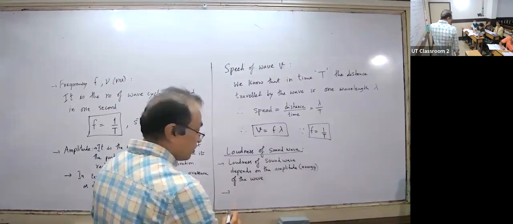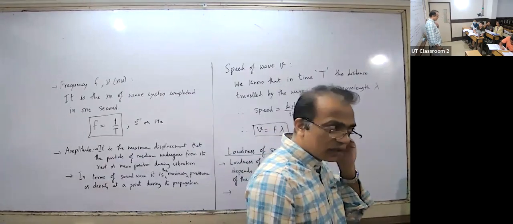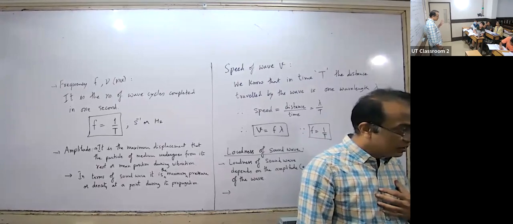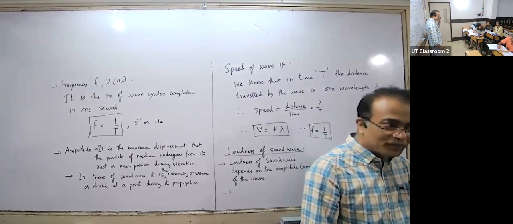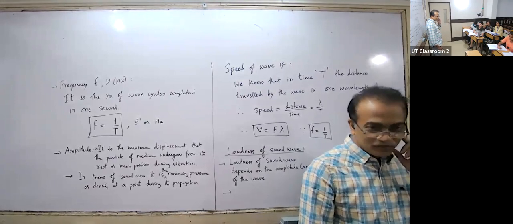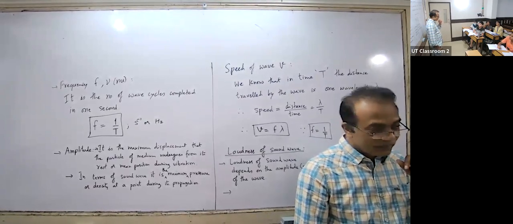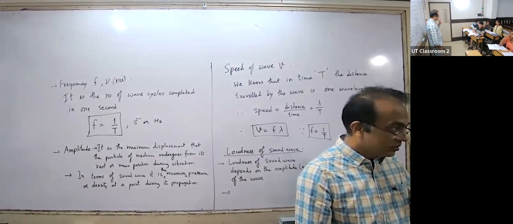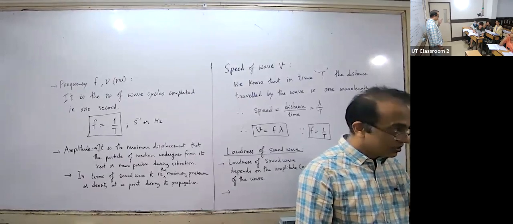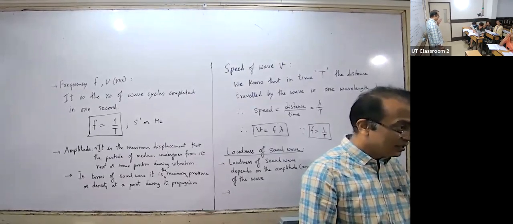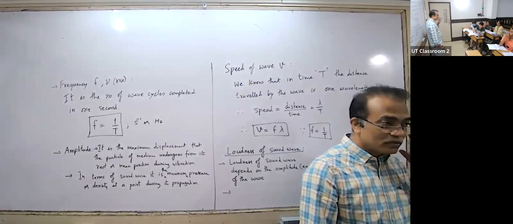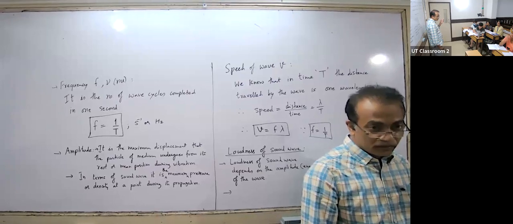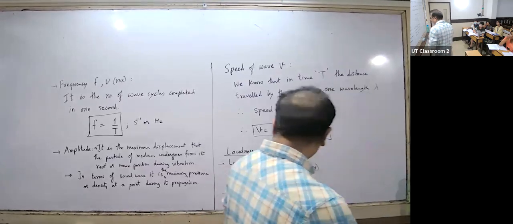But what is loudness? A sound which may be loud for me cannot be loud for an old person. The same sound will not be able to vibrate his eardrums the way it is able to vibrate the eardrums of a sensitive ear. Right? Like some people enjoy loud music. You can enjoy it only when it is pleasant to your ears, but to some it will be very noisy. Understand? So loudness is also a subjective thing. It is a response of the ear to the sound. Okay, what is loudness?